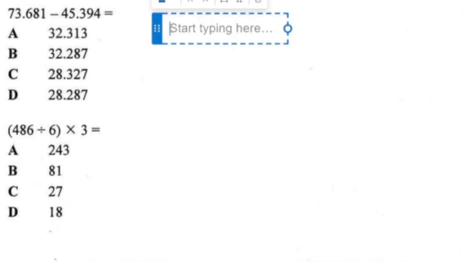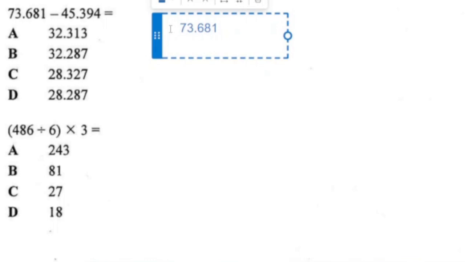So let me try also to type. So I'm going to come up with 73.681 minus 45.394.